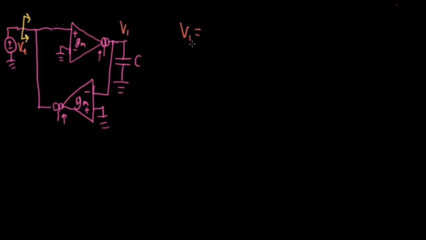Well, that's going to be our transconductance gain GM times our test voltage minus 0 volts at ground. So we'll just write it like that. And to indicate that here, let me write this. This is the current coming out of that upper OTA. All right, so we're going to take that and multiply it by the impedance of the capacitor, which is just 1 over SC. So that's our integrator kind of form.